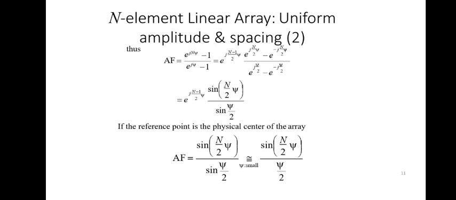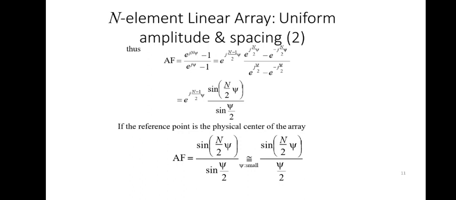So it is a sine function, because the j's cancel in the division, and we get e power j (N minus 1) by 2 into psi, into sin(N psi by 2) by sin(psi by 2).